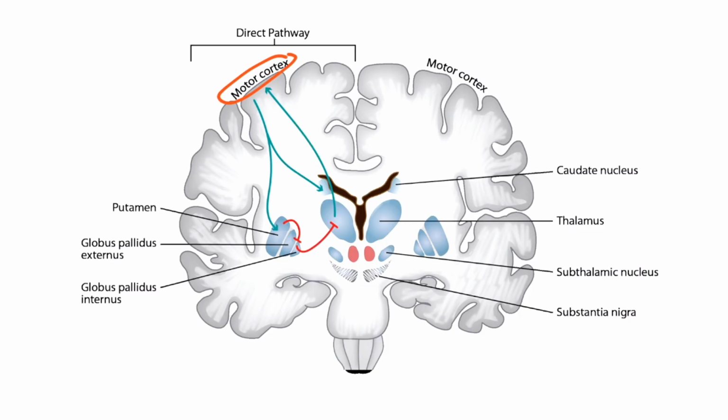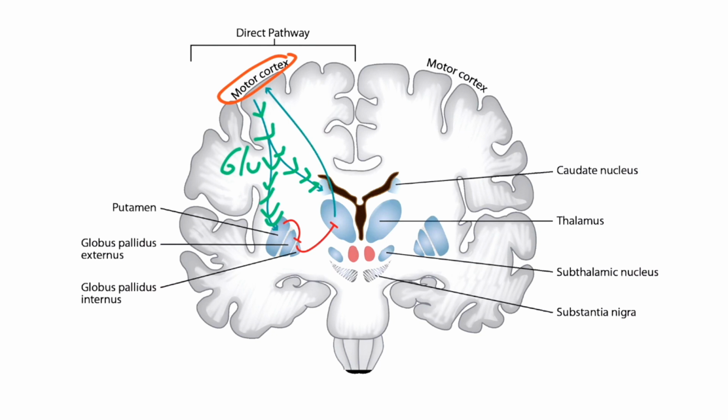So we start up here in the motor cortex, which then sends signals to the striatum. So the caudate right here, and the putamen right there. The neurotransmitter released into the striatum is glutamate. Now this is an excitatory neurotransmitter, which is why these arrows are green, as in go.